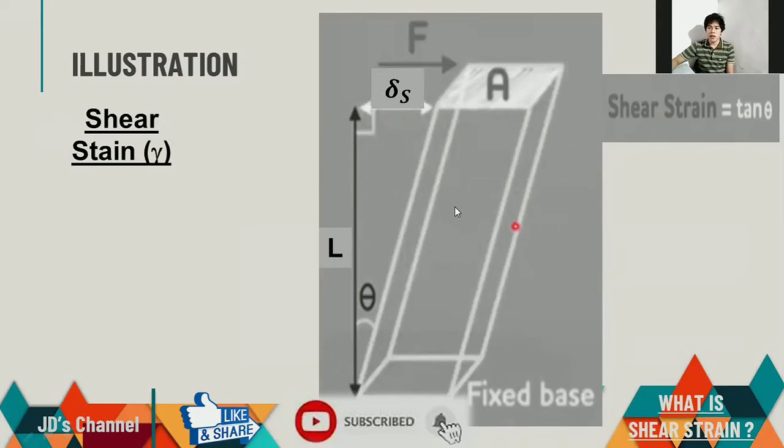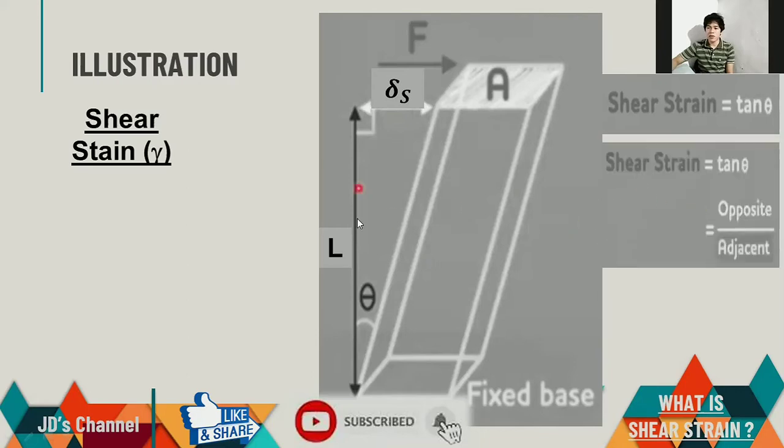Ito siya class. So, opposite over adjacent. Ano yung nasa opposite niya? Yung angle na to at saka yung nasa kanyang adjacent. So, doon po nanggaling yung ating formula class na delta S over ng original length, because yung ating shear strain is also tan theta, wherein tan theta is equals to opposite over ng adjacent.